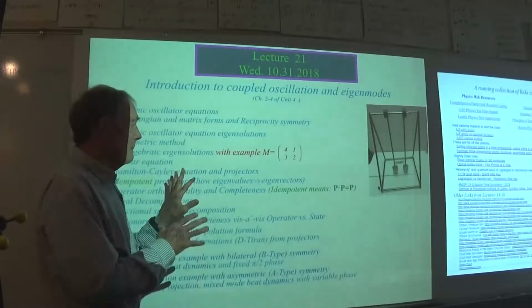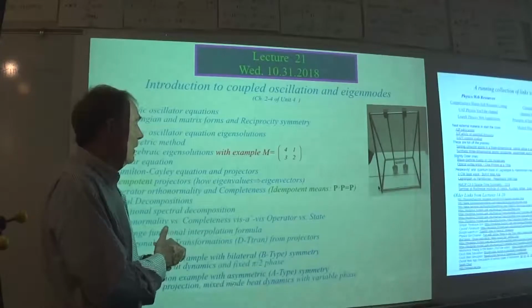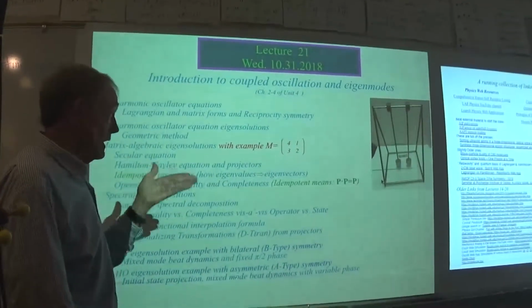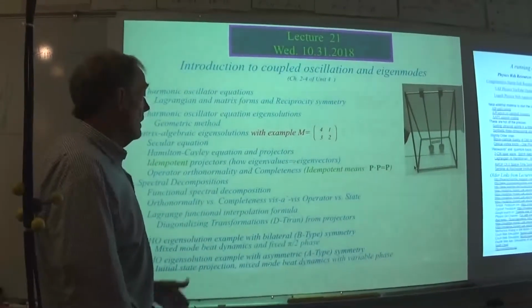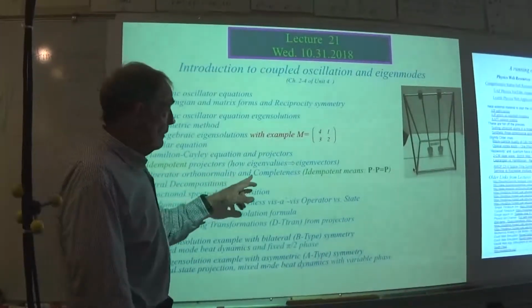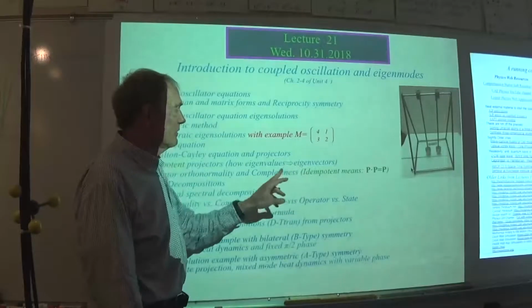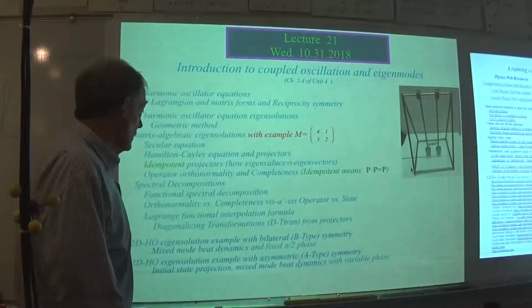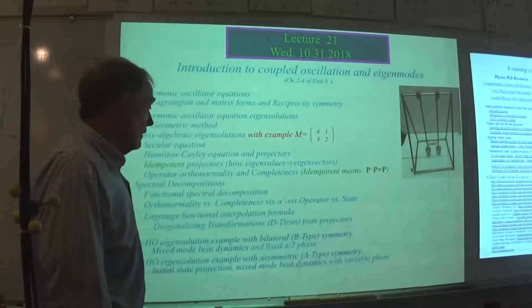There are things that make sense out of the whole calculation of eigen solutions, that is, eigenvalues and eigenvectors, and a way to make projection operators, idempotent projection operators in particular, powerful for all kinds of things.